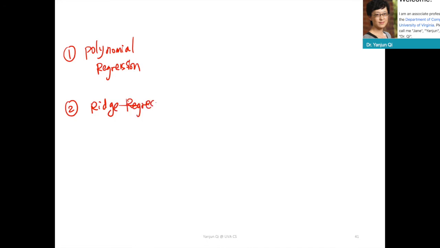So now I want to put all three different kinds of models we learned so far together. The first kind is the polynomial regression model. The second kind is the ridge regression model. And the third is what we learned today, k-nearest neighbor based regression, because they are all regression.